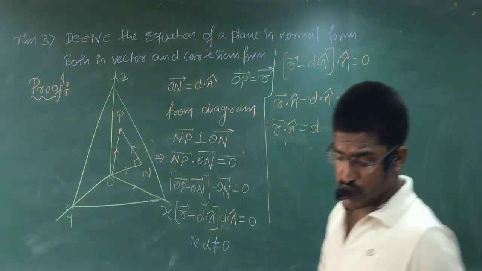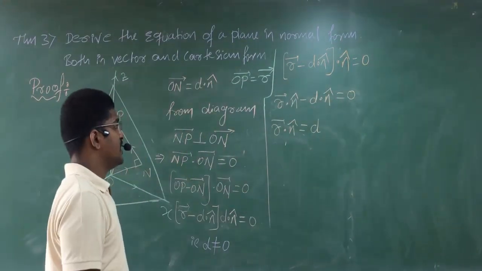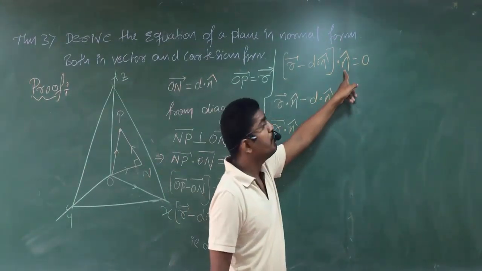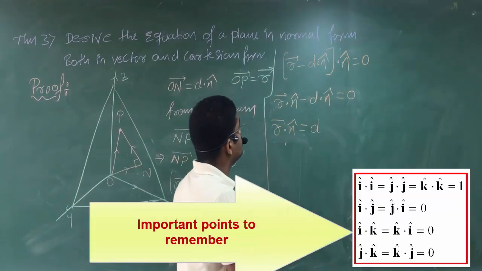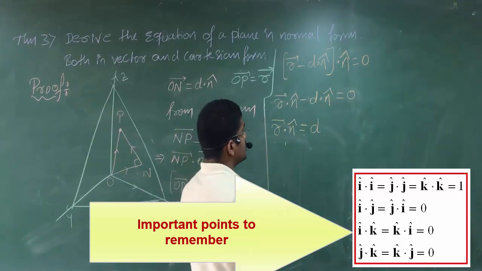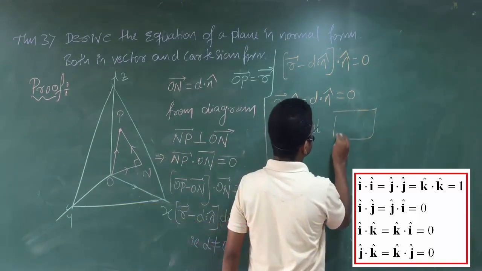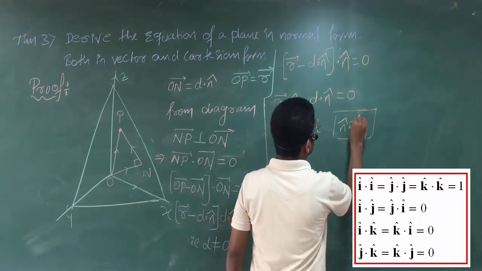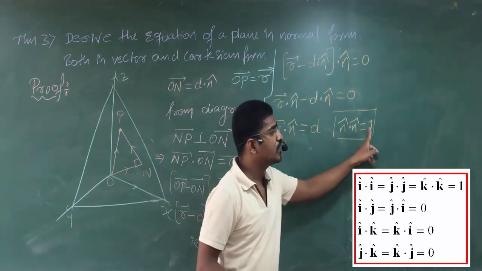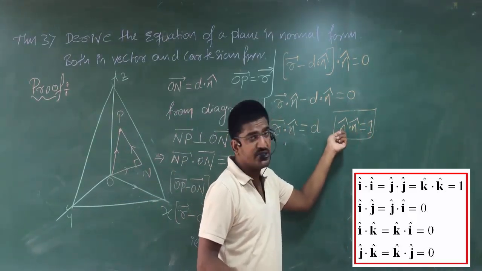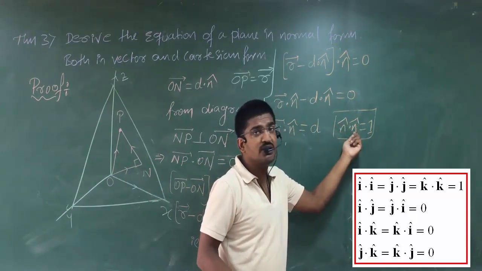Clear students? So please remember that here N cap is a unit vector. If you don't remember, you slightly write here N cap dot N cap equal to 1, because N cap is a unit vector.